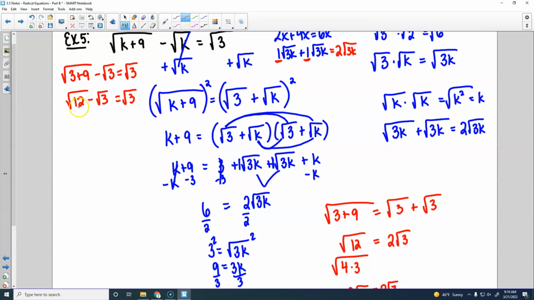Without a calculator, we'd still need to break this down into 2 root 3 minus root 3. That would have 1 right there with it. So 2 minus 1 would give us square root of 3, which of course does equal square root of 3 over here on the other side. So you're right, we should plug it back into that original.